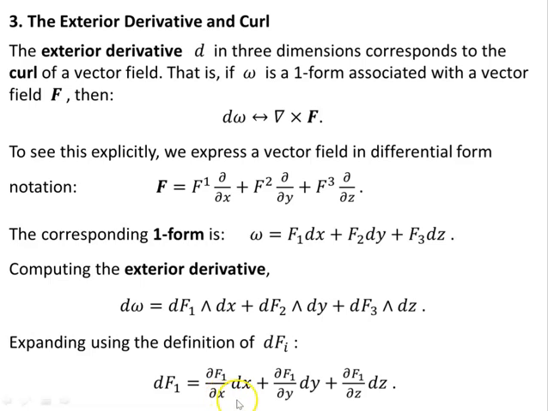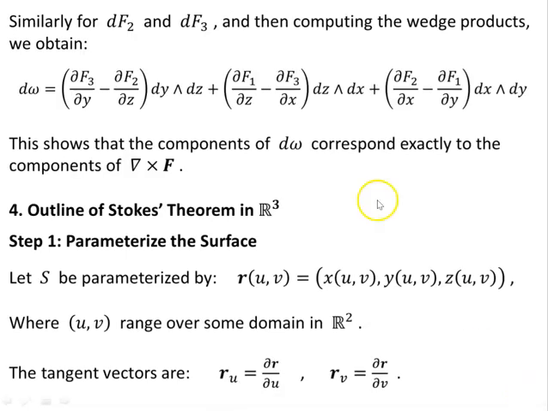So df1 is partial f1 over partial x dx, plus partial f1 over partial y dy, plus partial f1 over partial z dz, and similarly for df2 and df3, and then computing the wedge products, we obtain this. Again, as I said, it's been done in previous videos, so it's not the purpose here to go through it. I'm just quoting the result. This shows that the components of d omega correspond exactly to the components of the curl of F. That's these in the parentheses here.